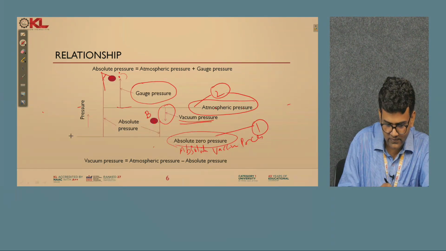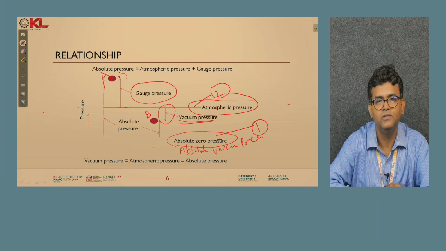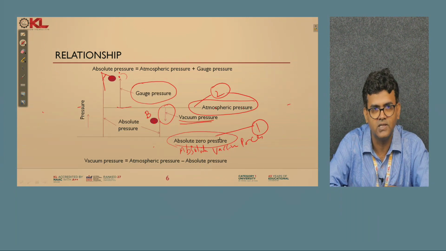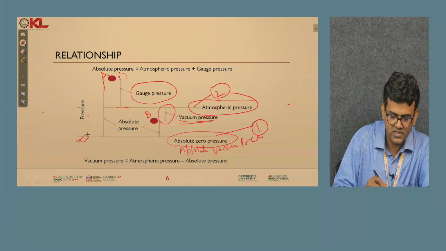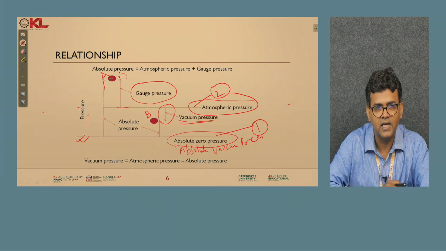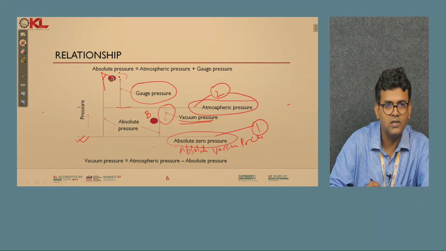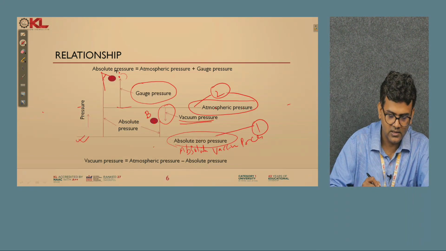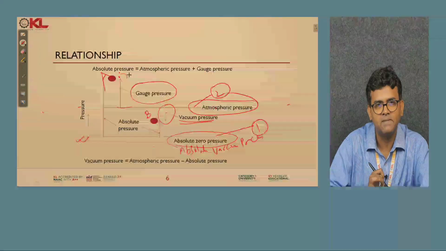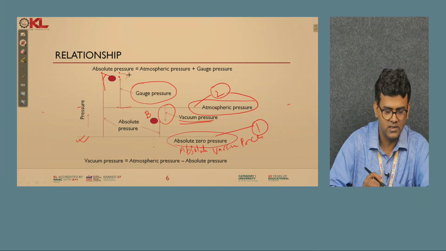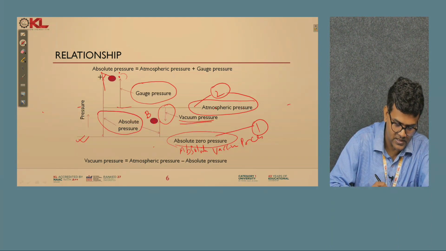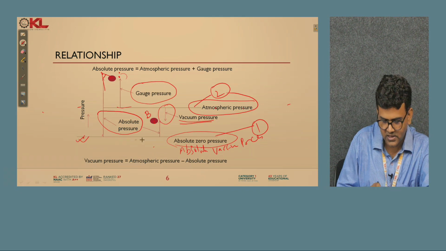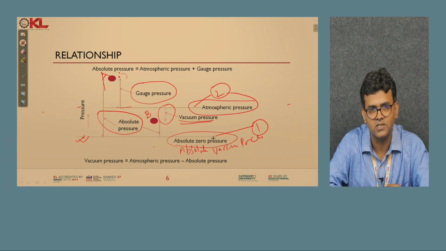Now take the reference line, this absolute zero pressure or absolute vacuum pressure. So in reference of this line, if you are measuring the pressure at point A, then it is called the absolute pressure. This is the absolute pressure for this line, that is it is measured in respect of the absolute zero pressure.